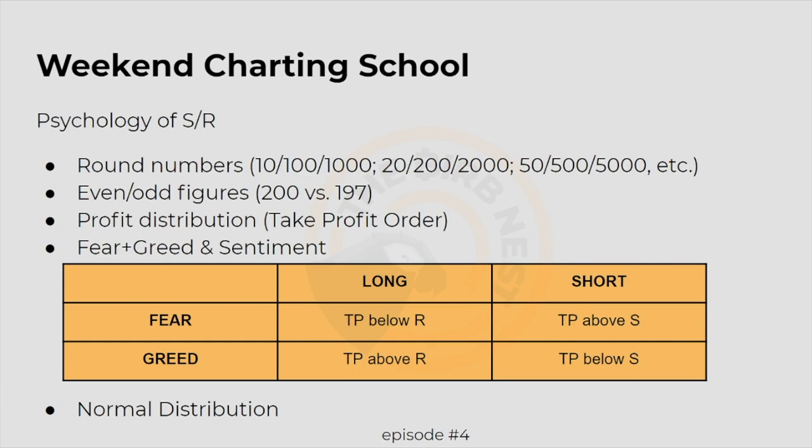supports and resistances are not like one line. Okay, it's not working like that, that every single trader all over the world trading Bitcoin would place their take profit or consider some level to be a resistance at one single price. So, let's say if there are 100,000 traders at a time trading Bitcoin, it's not working like that.